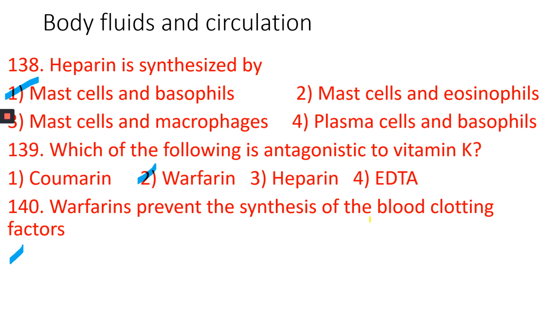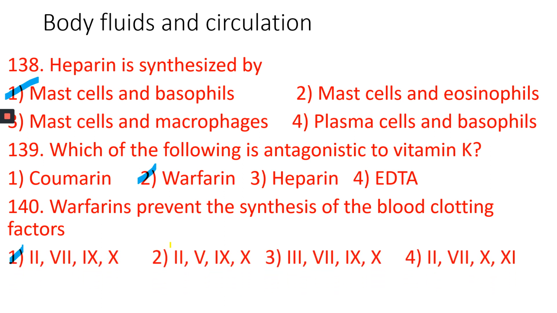Warfarin prevents the synthesis of blood clotting factors. Which blood clotting factors are not produced because of warfarin? The answer is factor 2, factor 7, factor 9, and factor 10.